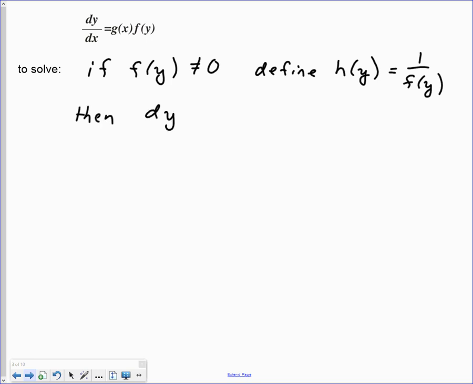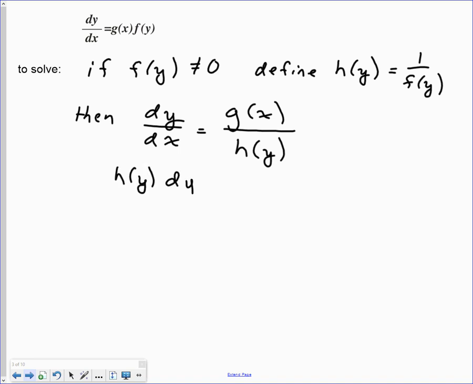Then our differential equation here is the g of x part, so the part involving all of the x terms, divided by something involving all of the y terms. And if we can write it like this, we can cross-multiply and get a function of y times dy equals a function of x times dx.